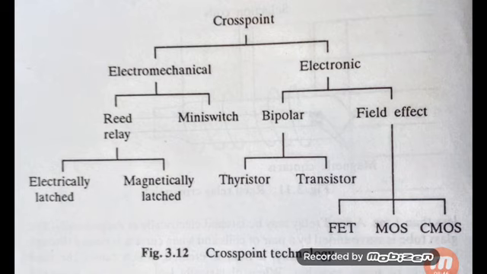That means continuously transferring information from one place to another without distortion.